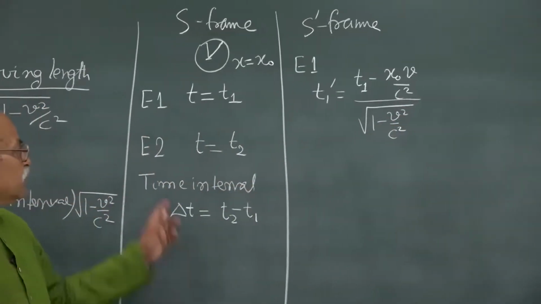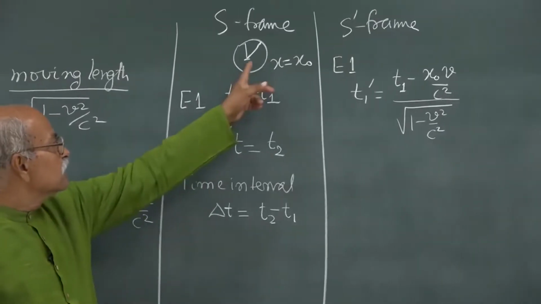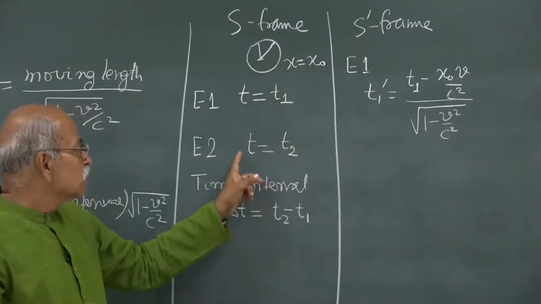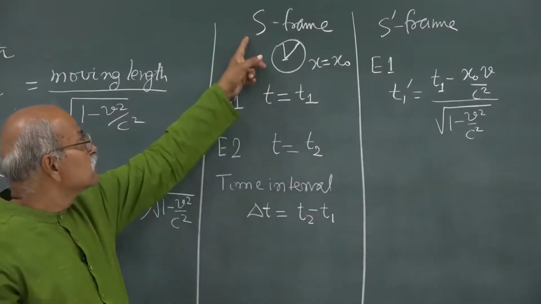Okay. Then event 2, which has occurred at the same position x equal to x naught, but t equal to t2 in this frame.